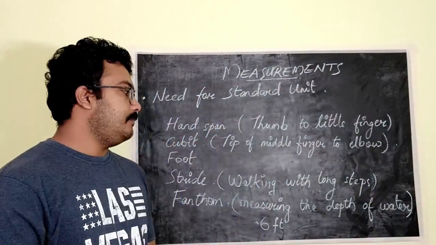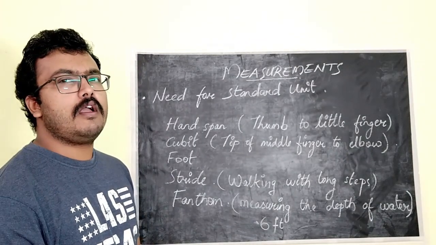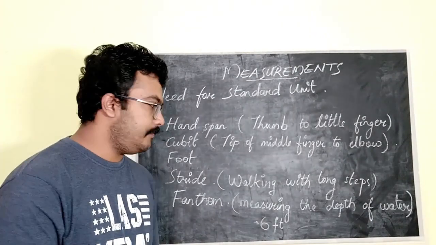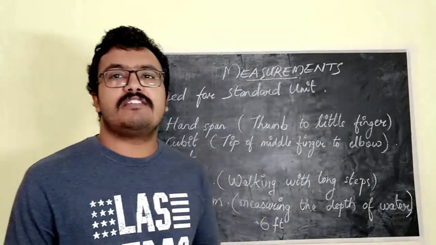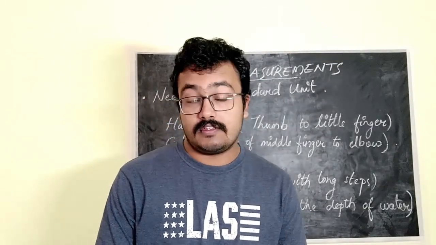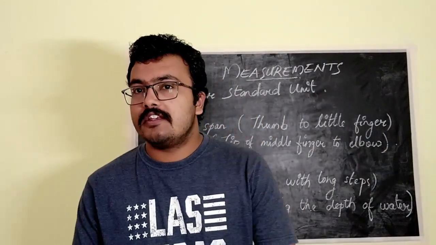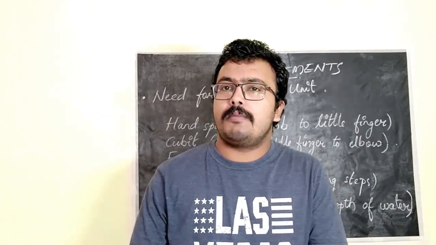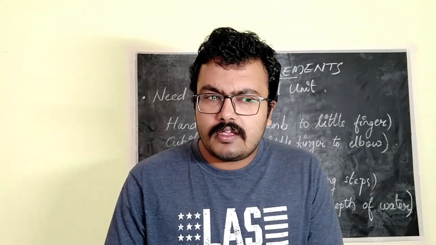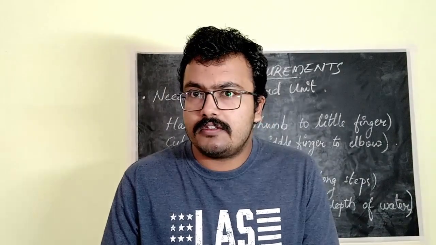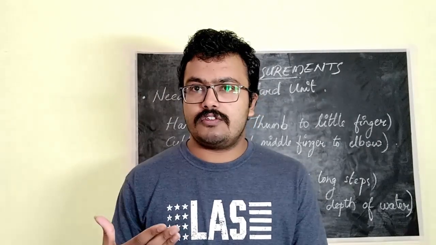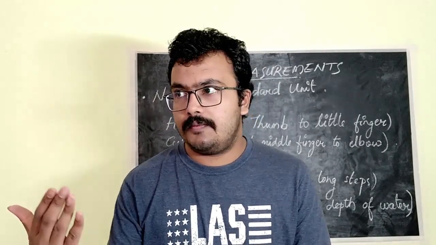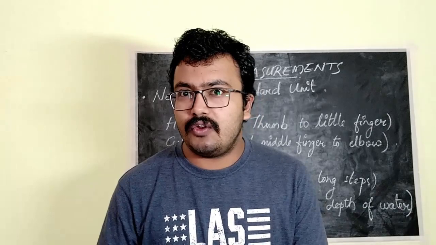Then we have fathom. When we go to fathom, I've written measuring the depth of water. It's usually 6 feet. What do you mean by that? It's an average, a person who is 6 feet tall. Mine, if you check, will be around 5.9 or 10.